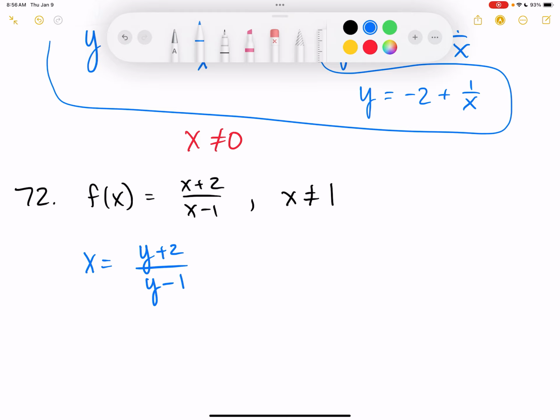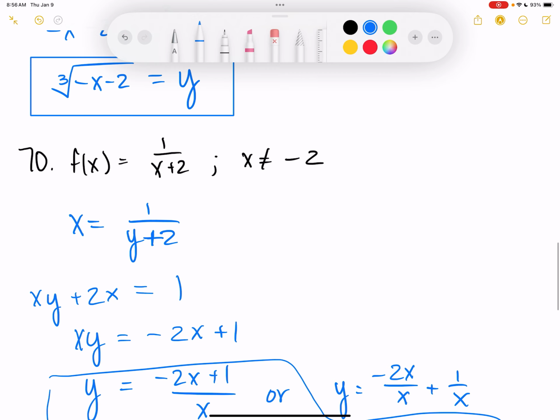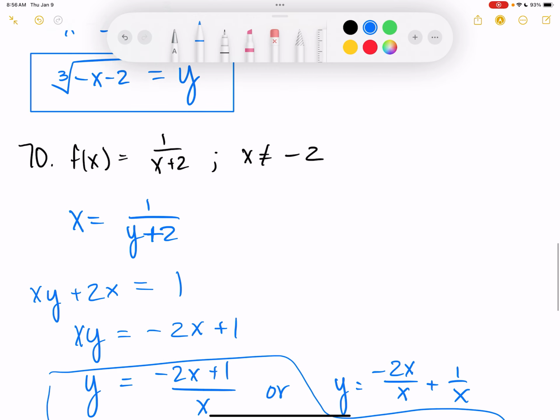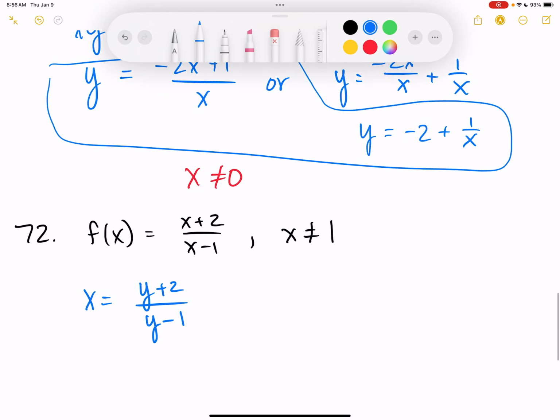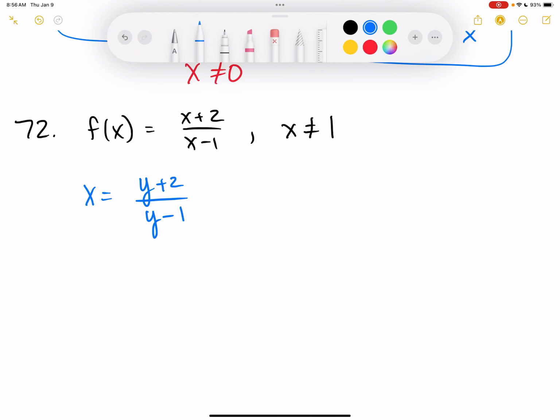So the first step of this one is going to look just like the first step I did of this one. I'm going to multiply by the denominator on both sides to get rid of the fraction. When I do that, I end up with x times y minus x equals y plus 2.